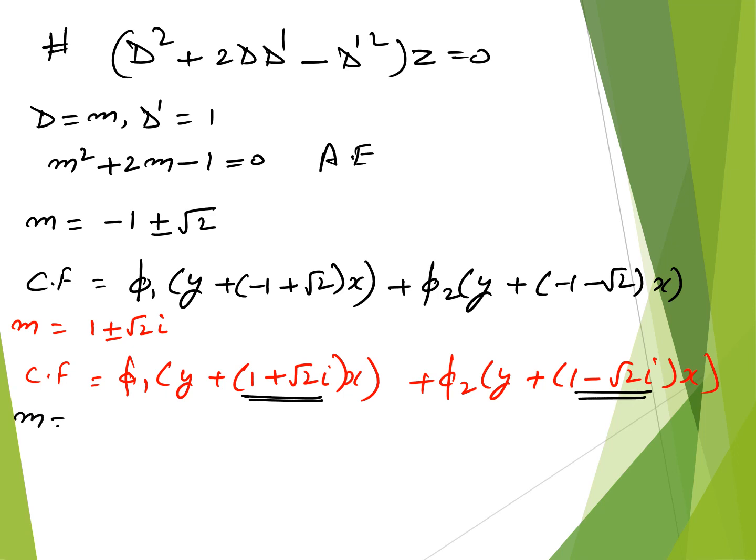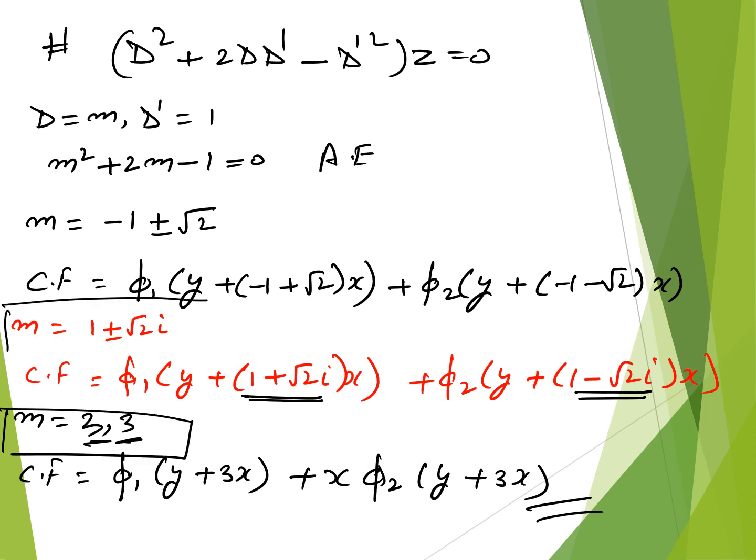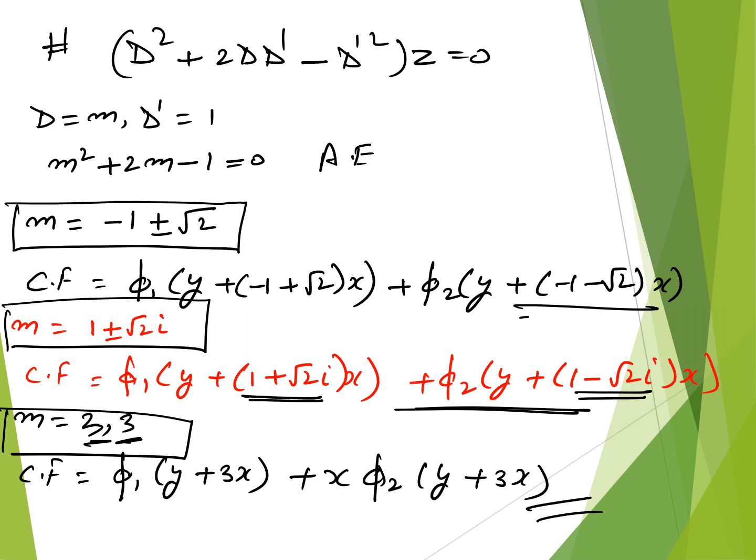Suppose the roots are 3 and 3, then the CF for the problem will be phi1 of (y plus 3x) plus, because the root is repeated, x phi2 of (y plus 3x). So this will be the CF if the root is repeated. If the root is complex, the CF will be this. If the root is real in any form, the CF will be this.